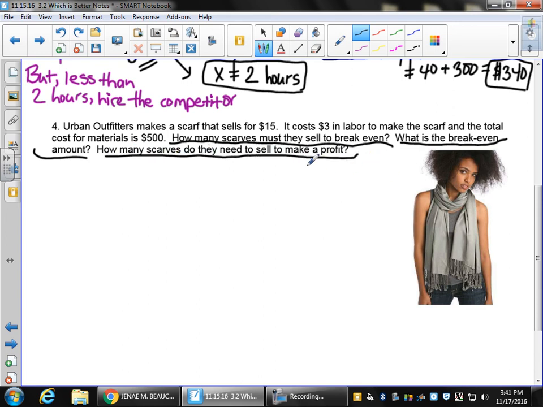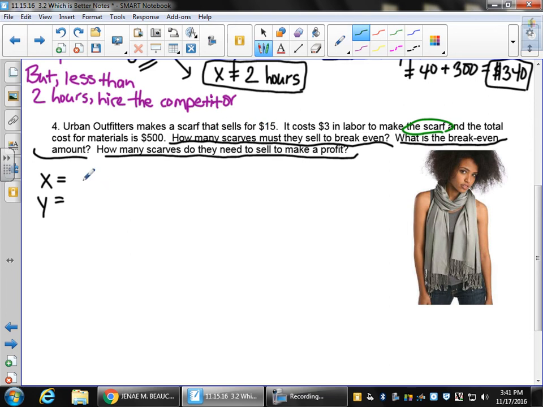3-part question here. Let's first define variables, x equals, y equals. Look for per, each, or every. A scarf sells for $15, $3 in labor to make a scarf. So we don't see per, each, or every, but we can reason that, in other words, $3 per scarf. They sell the scarves $15 per scarf.